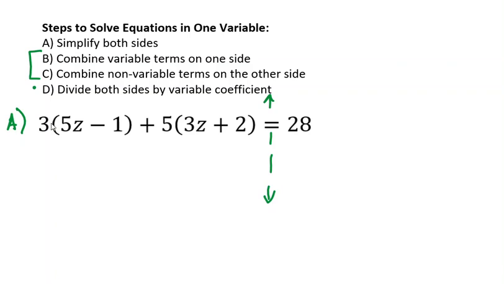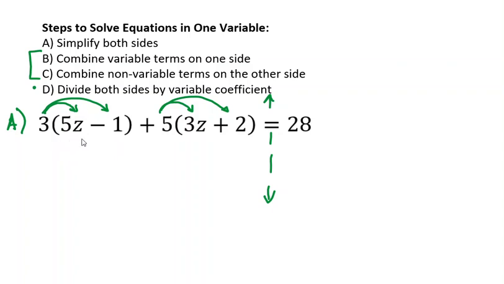But on the left side, I've got all kinds of operations going on, so I'm going to do those operations. I'm going to do the distributive property. That's the first step. And I don't even necessarily know what the next step is going to be until I've done that first step and then take a look at what I have left. So I won't even try to predict what we're going to do next.